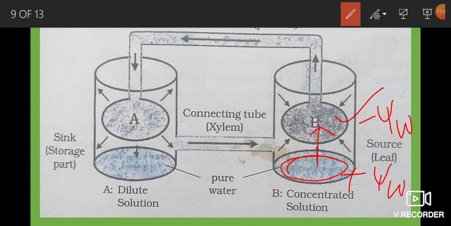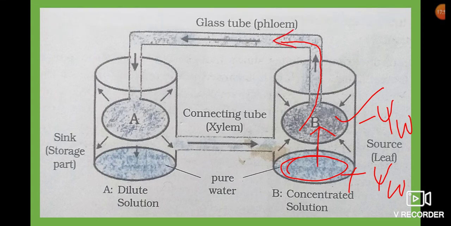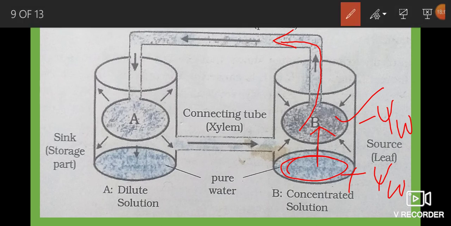Then materials move from the high pressure region to the low pressure region through the tube. So this tube acts as phloem. Food materials move from high pressure to low pressure, and finally reach the growing organs.